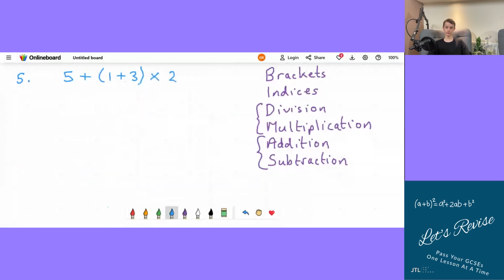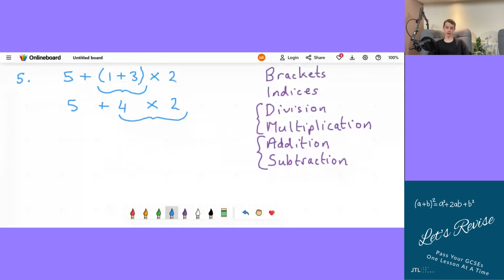Okay, number 5, using a different part of the BIDMAS, we have brackets. So which part do you do first? Well, according to BIDMAS, it's brackets first. So 1 plus 3 inside brackets has to be done first, which is 4 in this case. Now, next up is a multiplication.